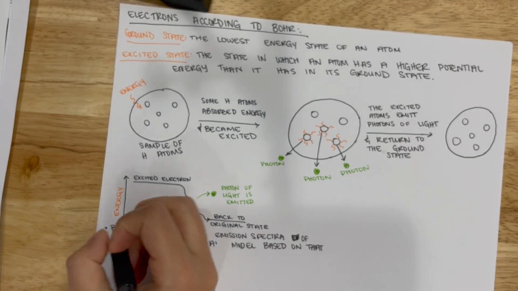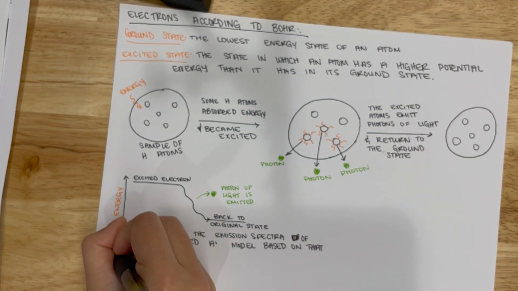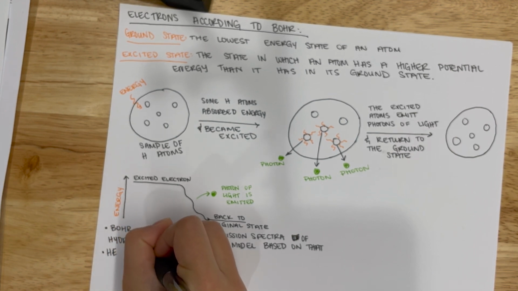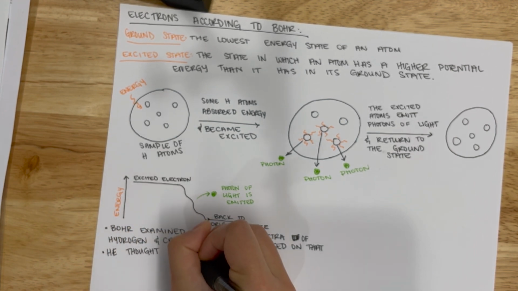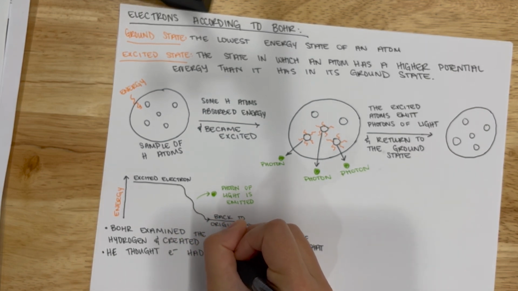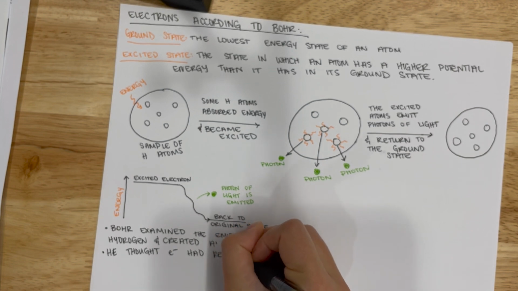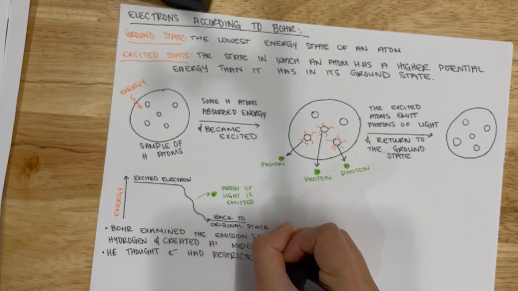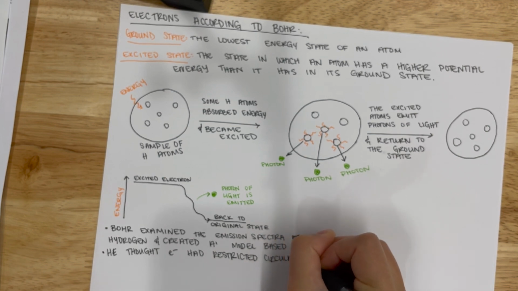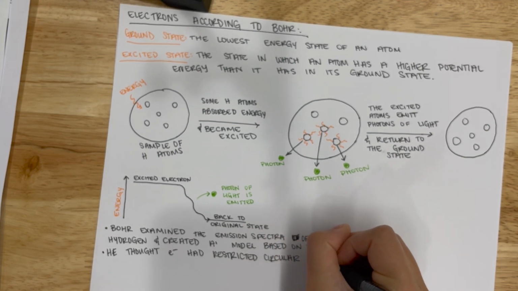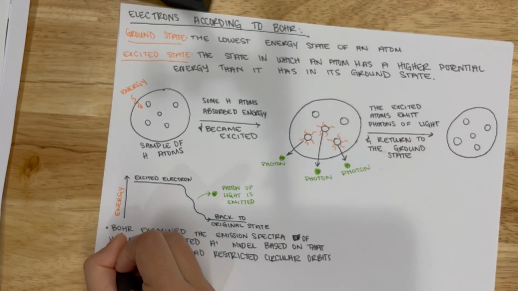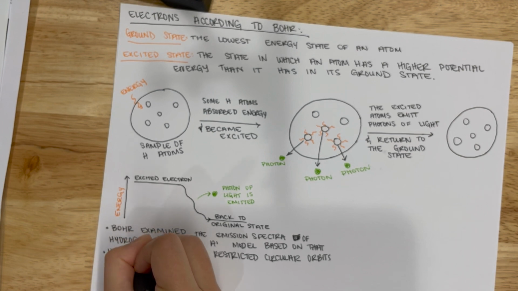He thought electrons had restricted circular orbits, right? And at this point in time, we already knew there was a nucleus, so you thought those went around the nucleus.